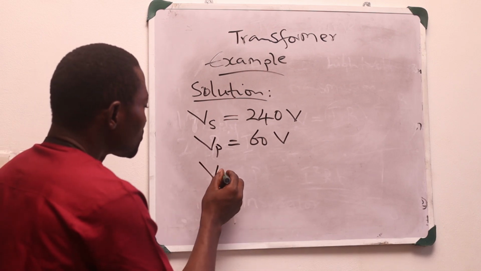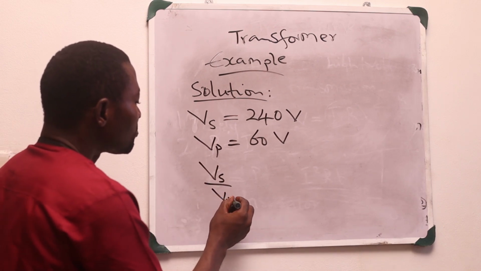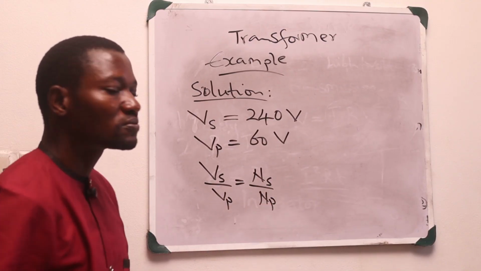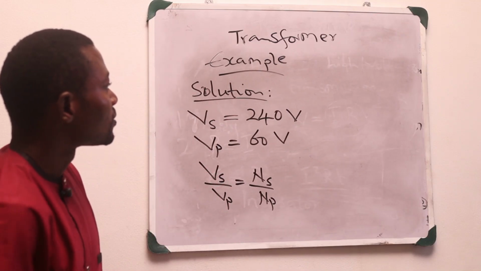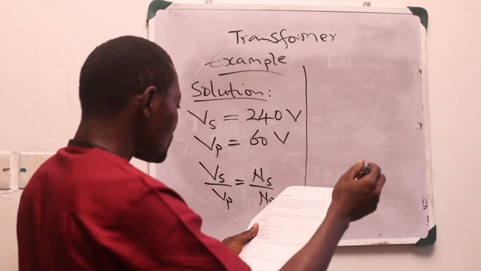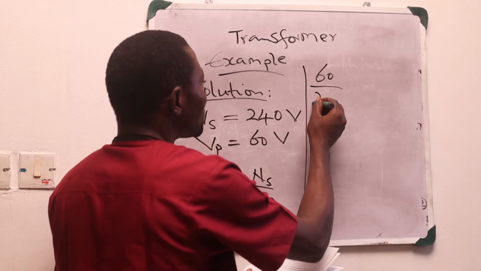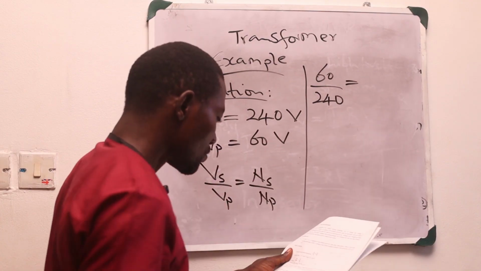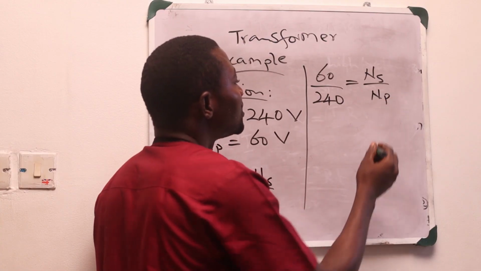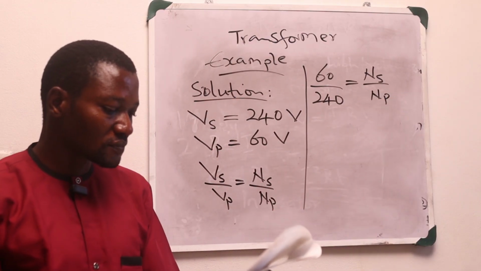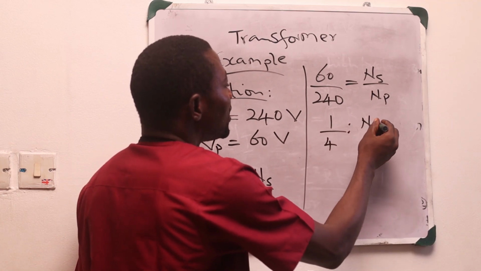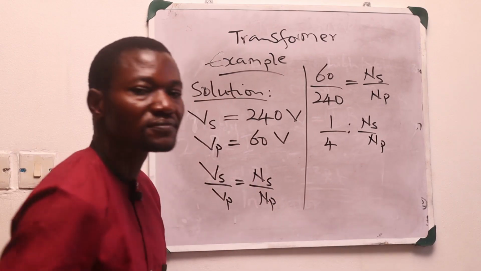We have our expression relating the voltage at both primary and secondary to the number of turns at both primary and secondary. So if we substitute, we will have 60 over 240 equal to Ns over Np. If we simplify this, we have 1 over 4 equal to Ns over Np.